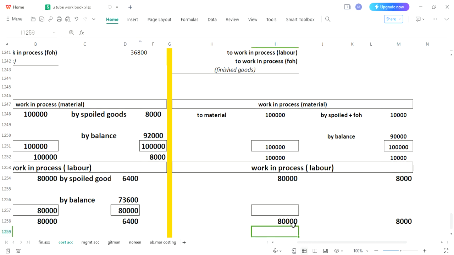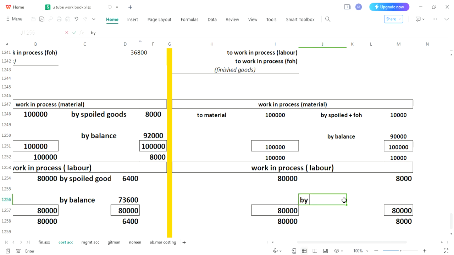Larger sum is 80,000, which would be put on total of both sides. Here sum would be put on both sides. What we have done, total of debit, total of credit, larger sum 80,000, we have chosen it and written on total of both sides. Then we will calculate the balance by balance.